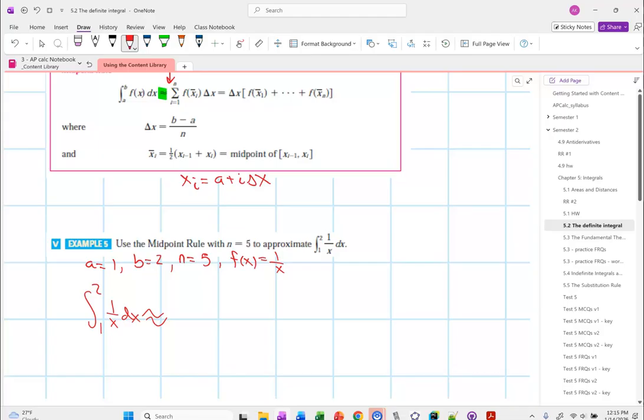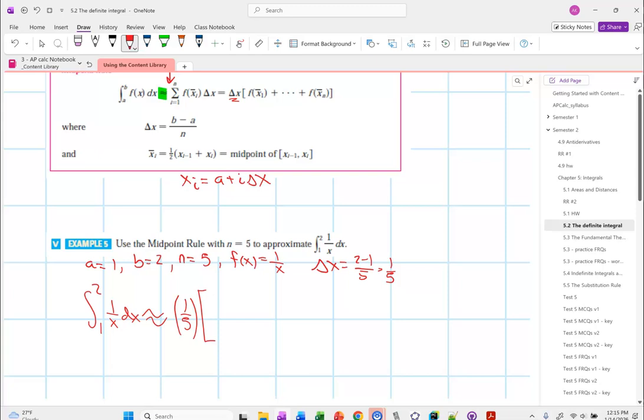So that's going to be approximately, let's calculate our delta x. So that's 1/5. So far so good.